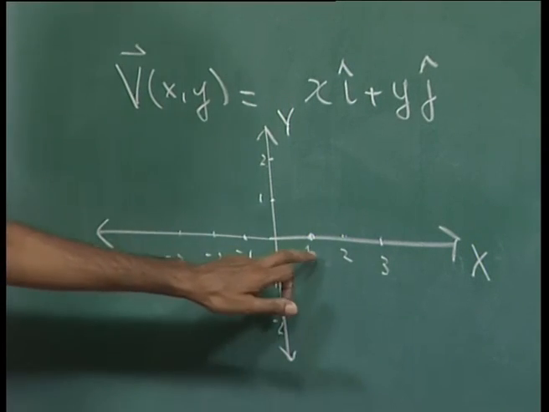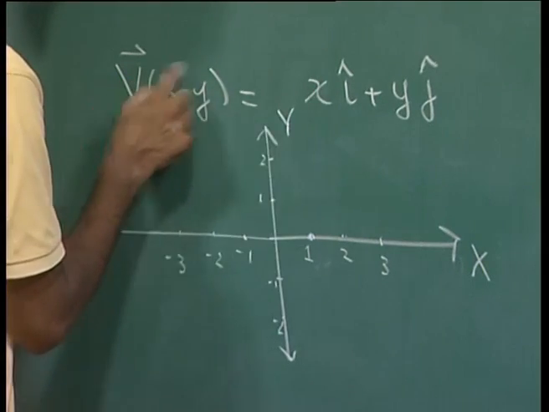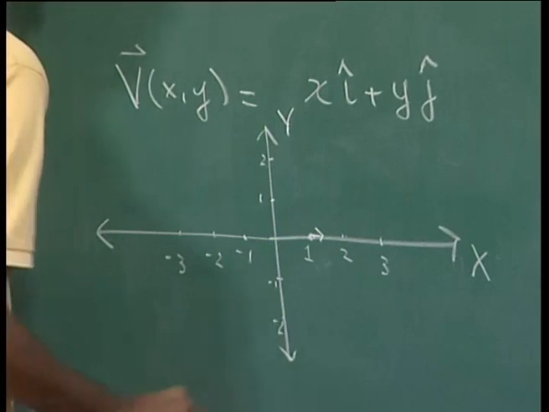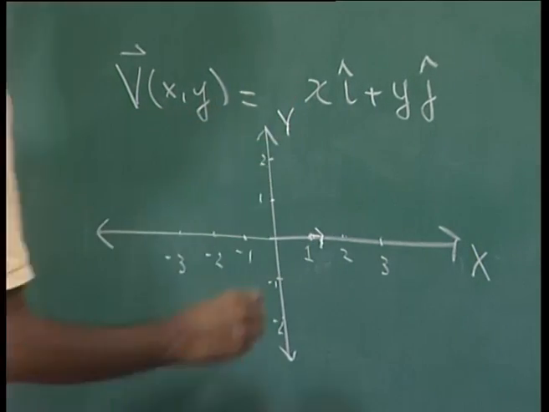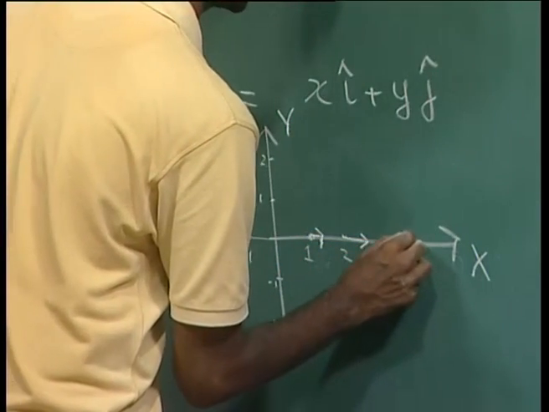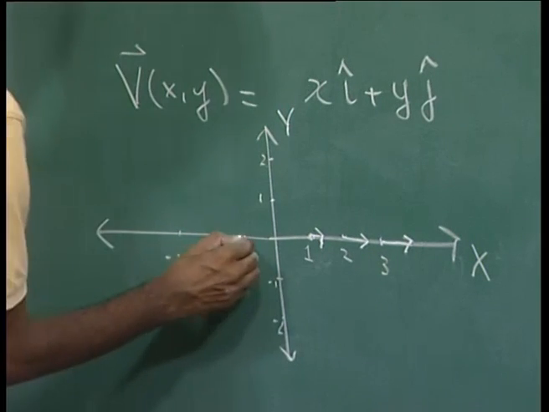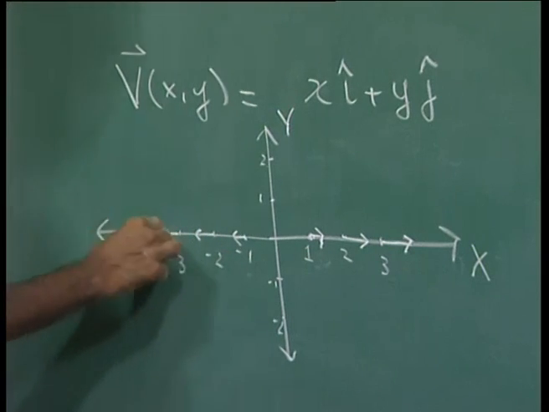So, this point is x equal to 1, y equal to 0, and when x equal to 1, y equal to 0, v of x y is just 1. So, it is just a vector of length 1 along this direction. When x equal to 2, y equal to 0, this is a vector of twice the length. When it is 3, it is of thrice the length. Okay. Similarly, when it is minus 1, it is a vector in this direction, and its length increases.